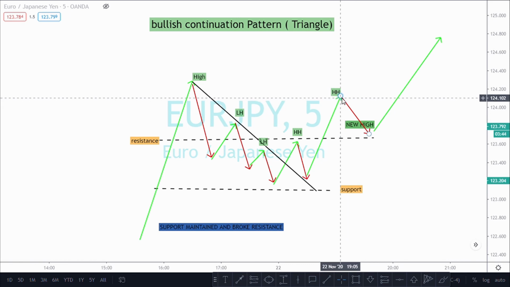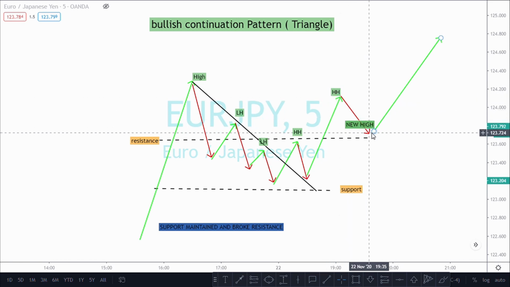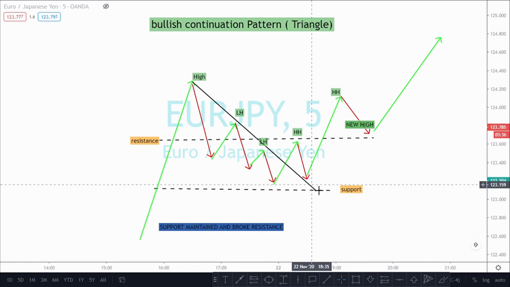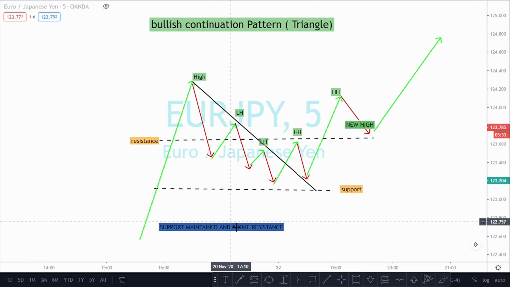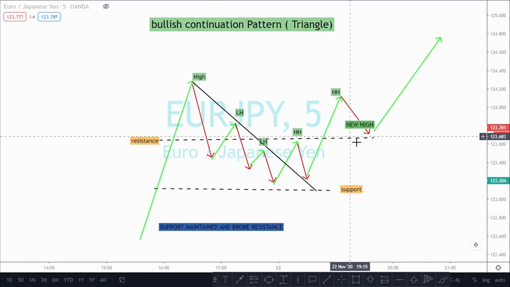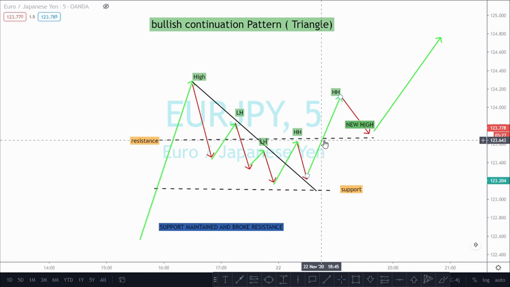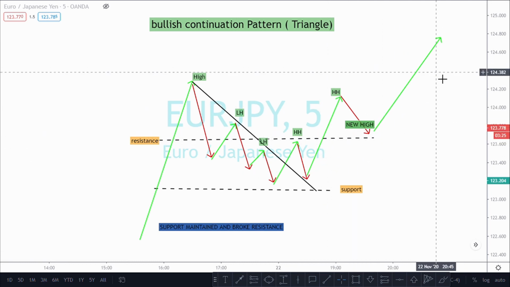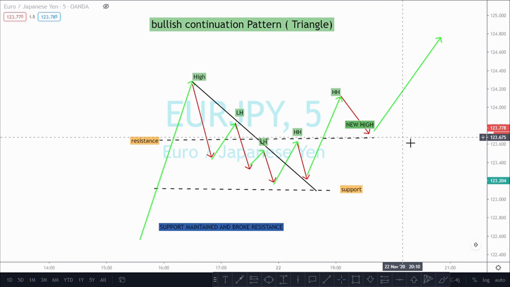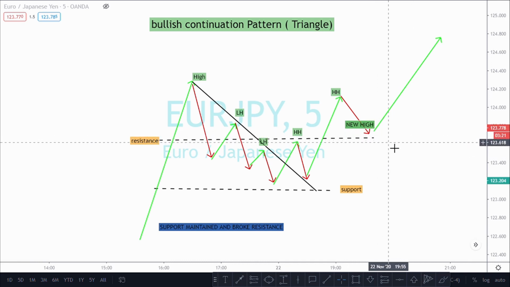So you have a higher high and then a new high. This is where the market decides. We'll start from here and continue all the way to wherever the market wants to go. So I said the support maintains and breaks the resistance, which is right here, and then we start from here, and typically we'll just buy from right here.